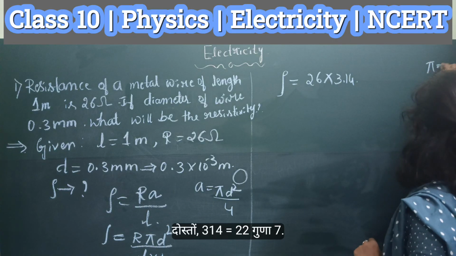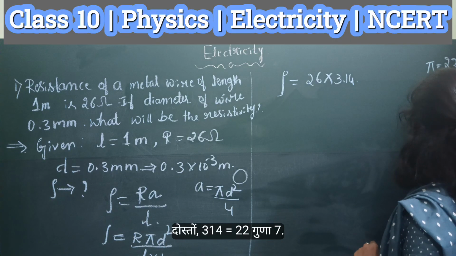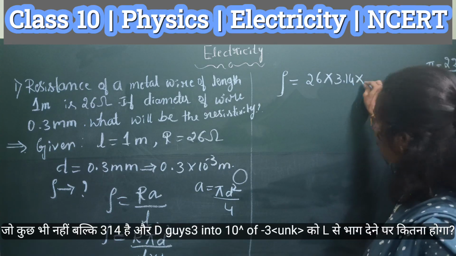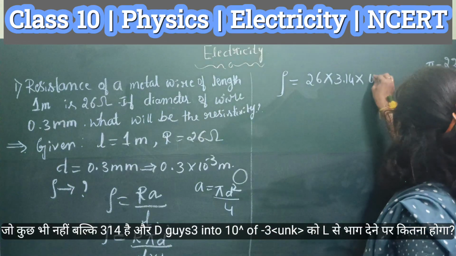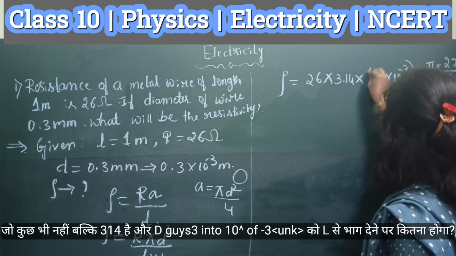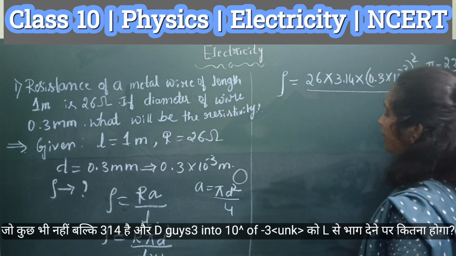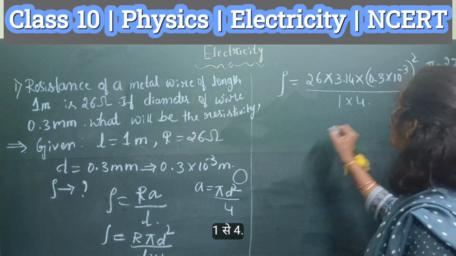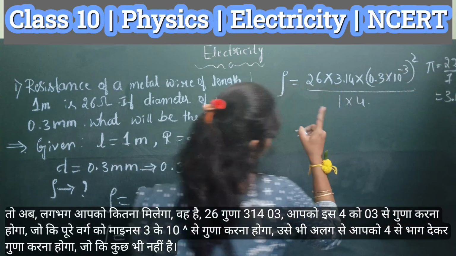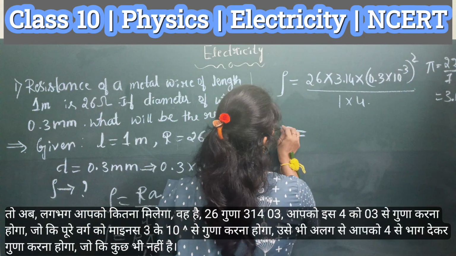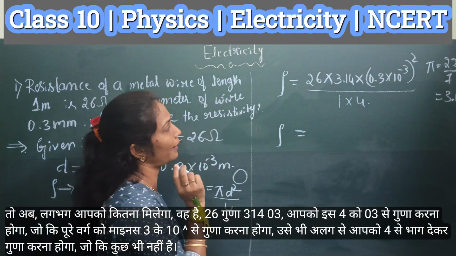Pi is equal to 22 by 7, which is nothing but 3.14. And what is d, guys? (0.3 into 10 to the power of minus 3) whole square divided by L, which is 1 into 4. Now approximately how much will you get?